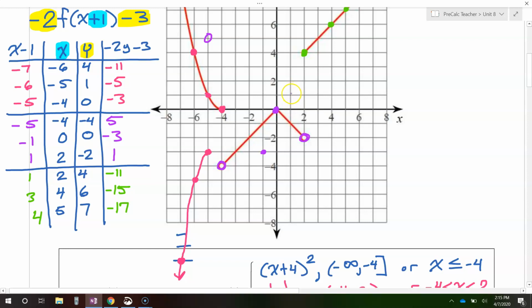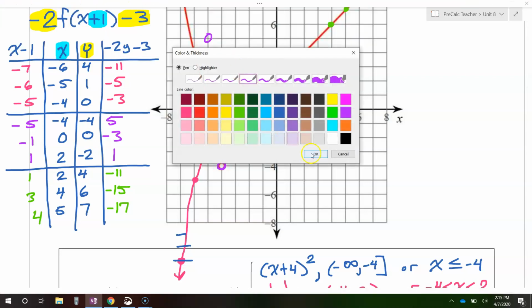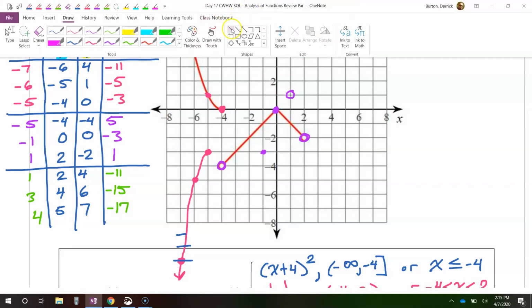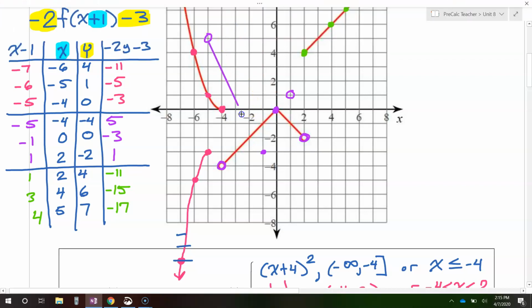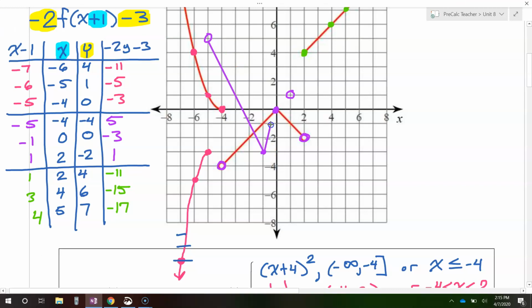So 1, 1 is right here, open circle. All right, so let's just connect those. Okay, I've got to turn on my lock drawing mode. All right, so there you go.